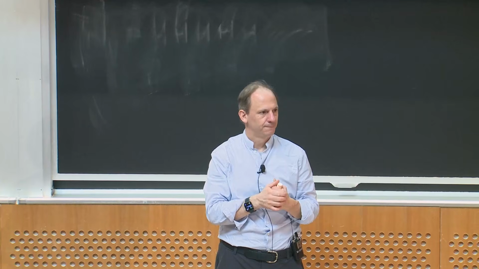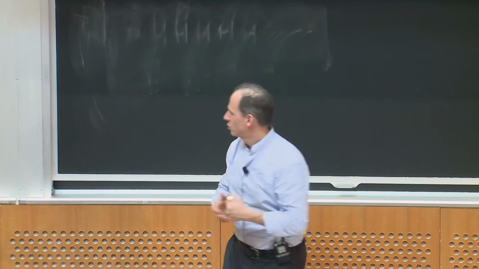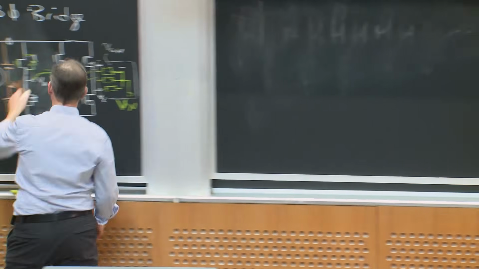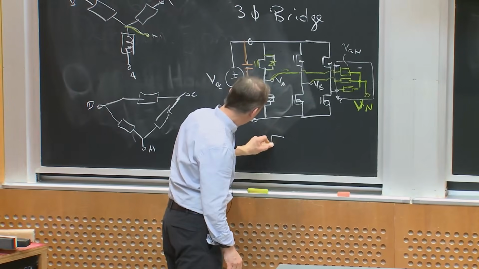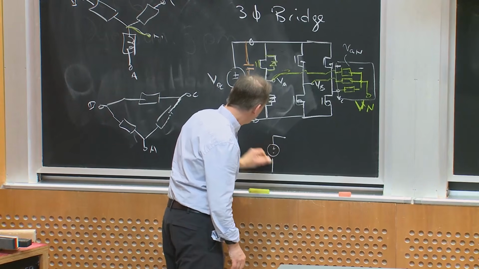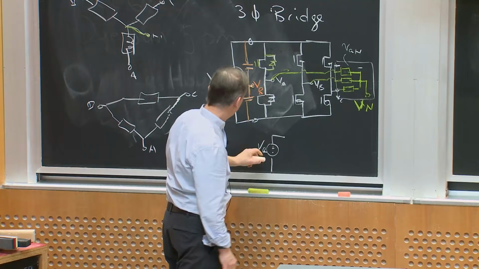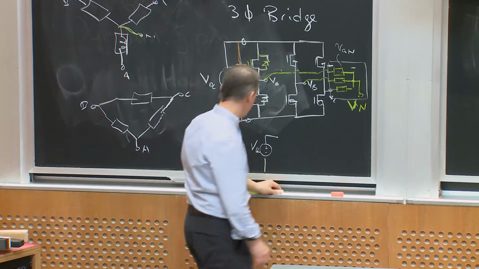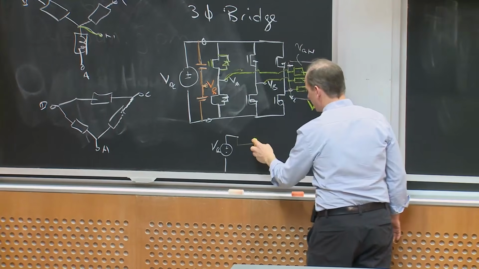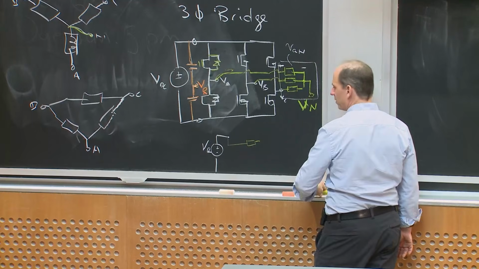So where's the voltage divider between again? So for example, suppose I took, let me draw it this way. Here's VDC, right? Suppose I turn the top switch on here. So that means I tie this guy to the top.